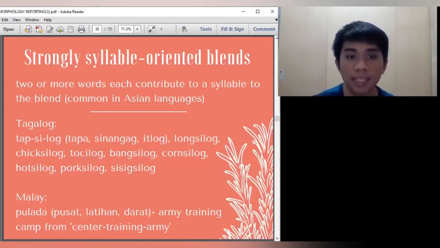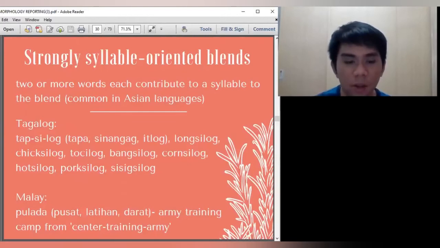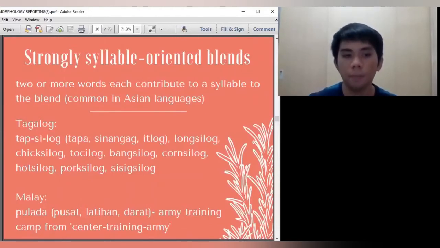That's from tapa, sinangag, and itlog. We also have longsilog, chicksilog, tosilog, bangsilog, cornsilog, hotsilog, porksilog, and sisigsilog, and many more. We also have an example from Malay: pulada. Pu is from pusat, la is from latihan, and da is from darat. Its translation is center training army, or an army training camp.